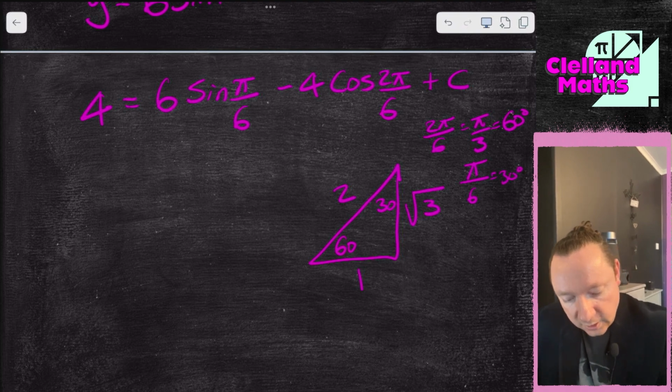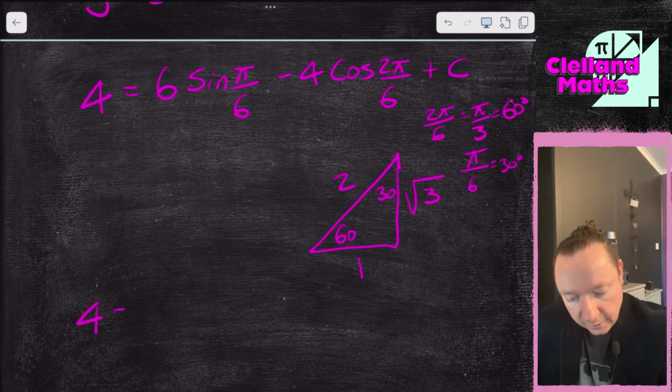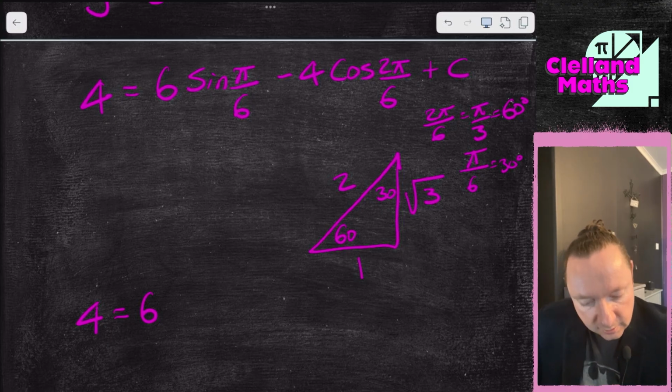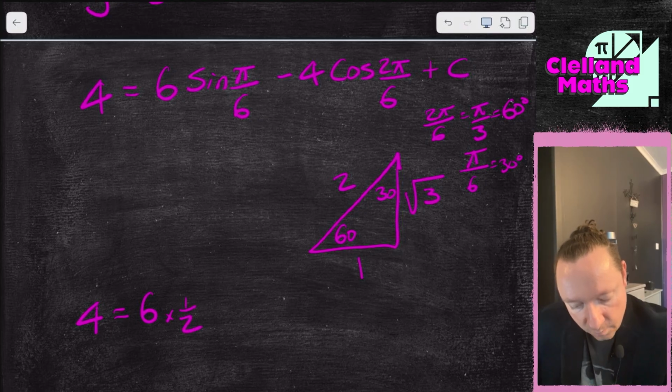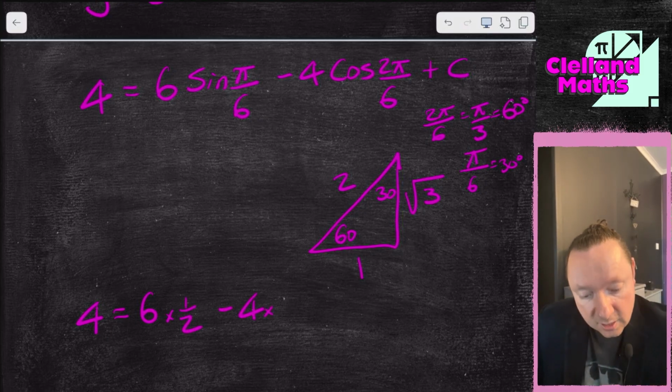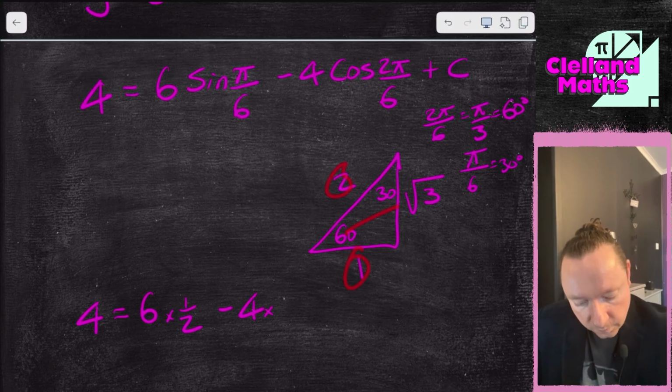So now I've got all the information I need. 4 equals 6 sine of pi over 6, sine of 30 is 1 over 2, 6 times a half. Minus 4 times cos of 2 pi over 6, which is pi over 3, 60. That's 1 over 2. Plus c.